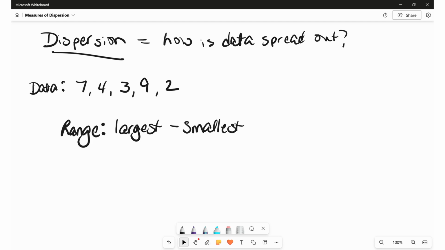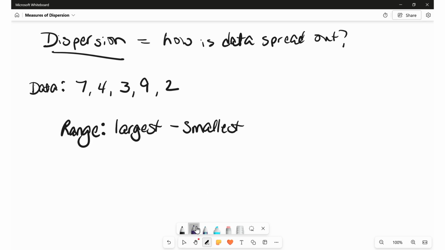Now, where a lot of students make their mistake is they say, oh, well, here's my data set, 7, 4, 3, 9, 2. So this must be 2 minus 7 for the range. And that's not it.